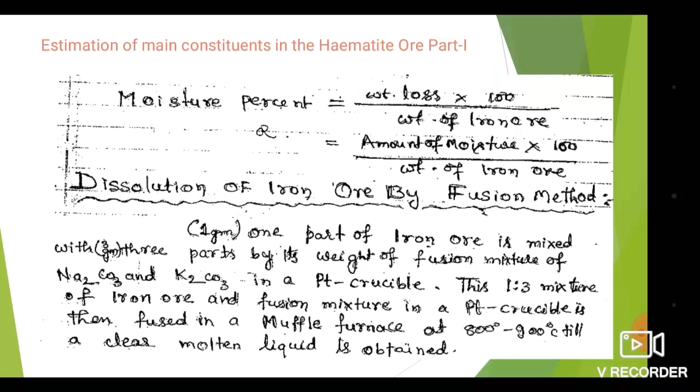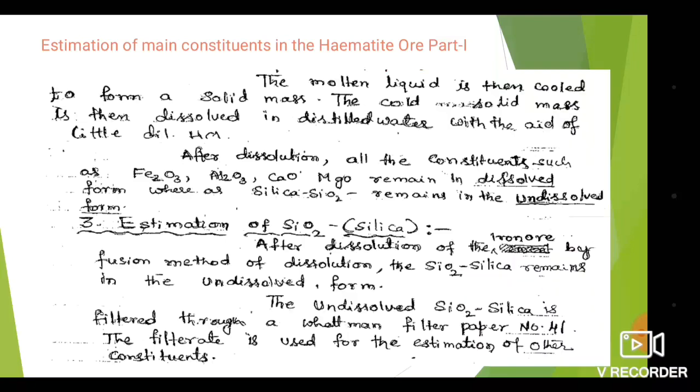So we heat this fusion mixture in the furnace at about 800 to 900 degrees Celsius. The molten liquid is cooled to form a solid mass.